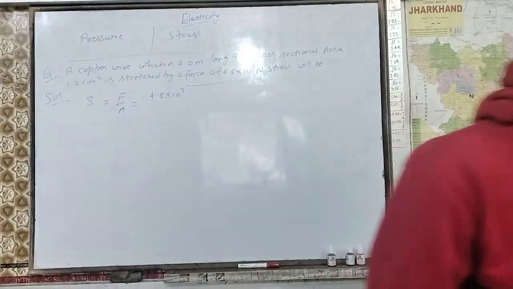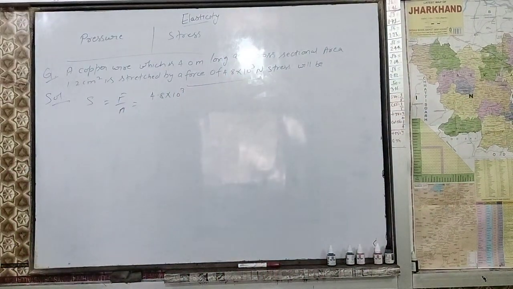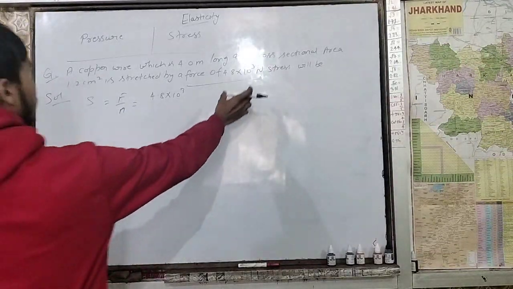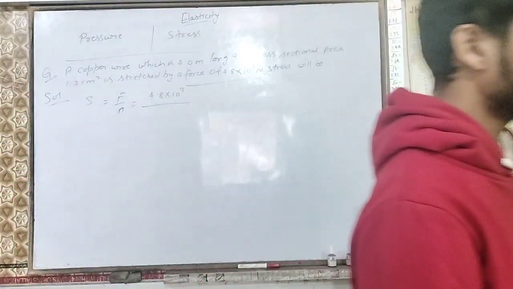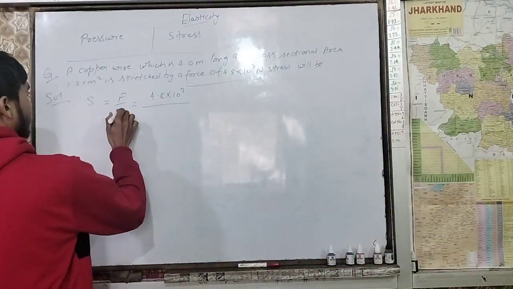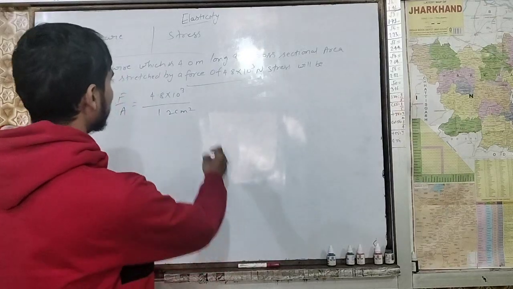Can you say stress is equal to F upon A? F is 4.8 multiplied by 10 raised to power 3. It should be a bigger number, because a negative sign is not present anywhere. This is in Newton, the force applied on the object. The area is given as 1.2 centimeter square.